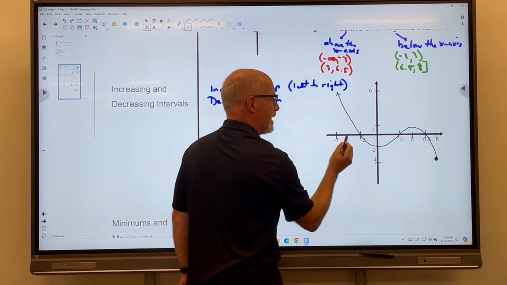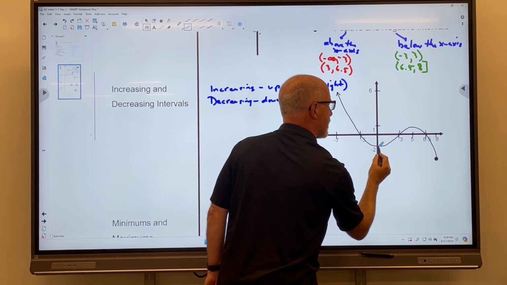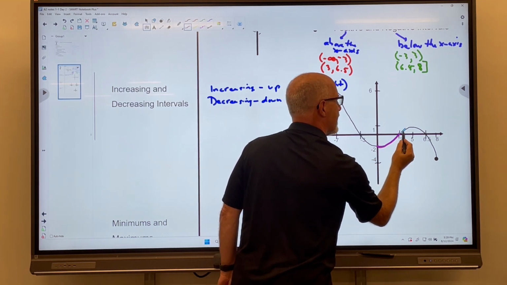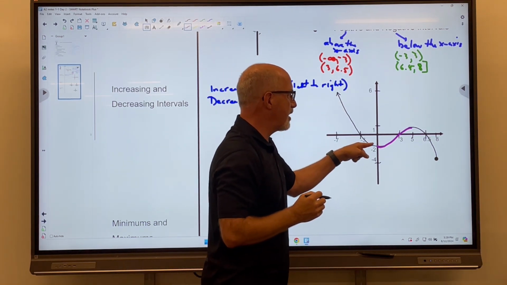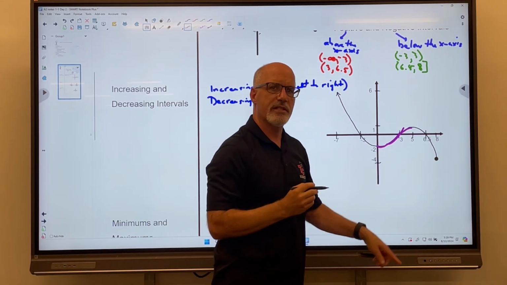Notice increasing here, here's where it starts increasing, and it increases to that spot there. It's decreasing there, increasing here, decreasing there.